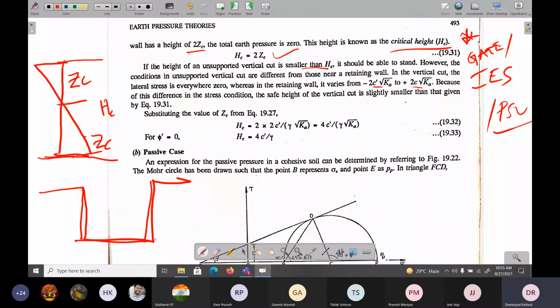So when you substitute ZC from the previous equation, 2C, if you substitute, you will get this equation. And for a clay soil, this is the equation. This is also a very, very important equation for clay.